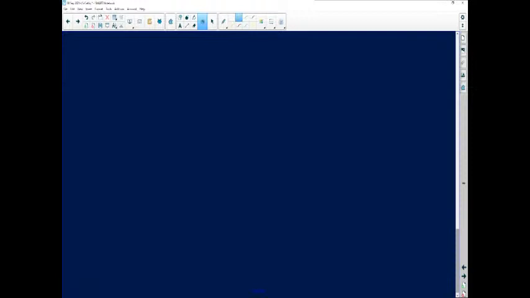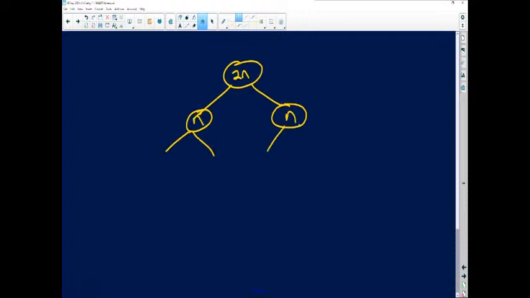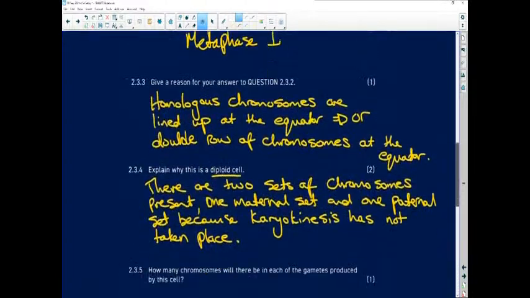So with meiosis 1, you start off with a diploid cell, and then in meiosis 1 it becomes n. So that's reduction division, and then this will duplicate so that you end up with 4 non-identical daughter cells. Okay, so let's go back here.